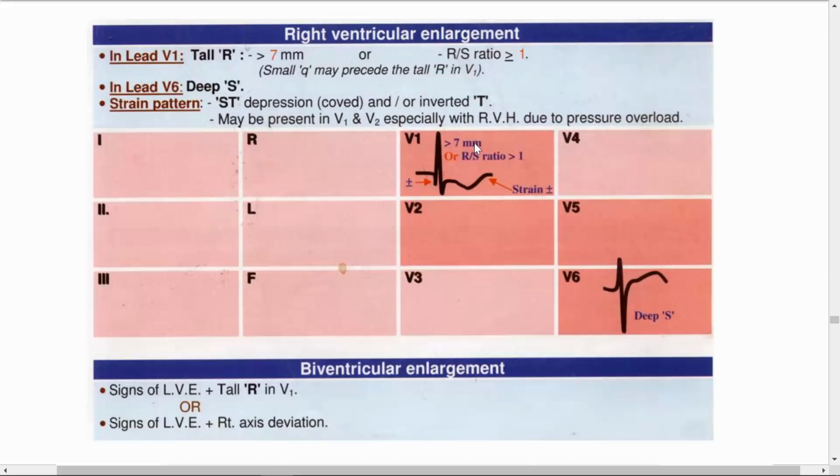If you see like this, V1, V2 and V3 will be the mirror of V7, 8 and 9.